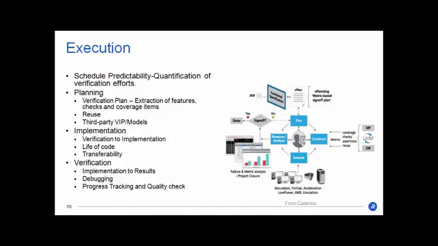So if the design has not implemented something which is there in the spec, you will never catch that. Besides other differences, that is what I'm talking about. So our reference is always the specification. Code coverage is important, but it's not sufficient. That's the reason that in the planning phase we are talking about, you have to extract all the features, and you need to have coverage for all of them.